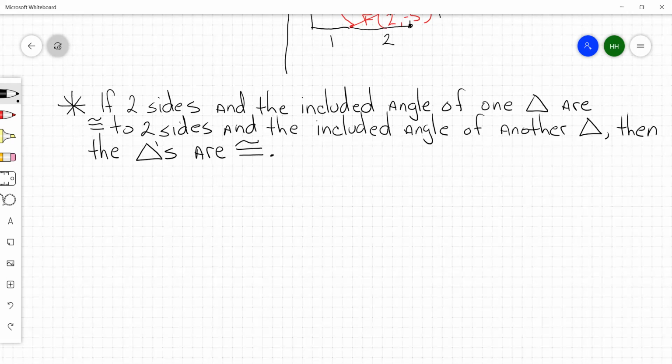If 2 sides and the included angle of one triangle are congruent to 2 sides and the included angle of another triangle, then the triangles are congruent. That's called side angle side. SAS, side angle side.